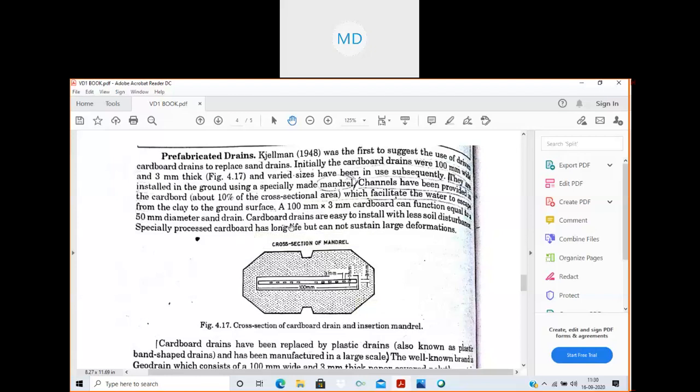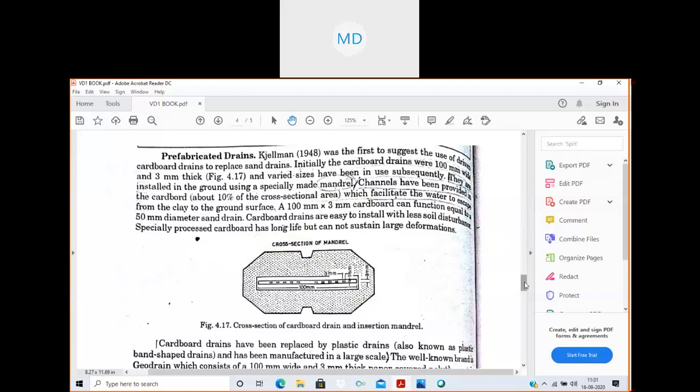Cardboard drains are easy to install with less disturbance, and specially processed cardboard has a long life but cannot sustain large deformation. Of course, since it is cardboard, it won't be able to sustain large deformation, but these drains are easier to install. So along with time, nowadays we generally prefer prefabricated drains, which are a modified version of these cardboard drains.